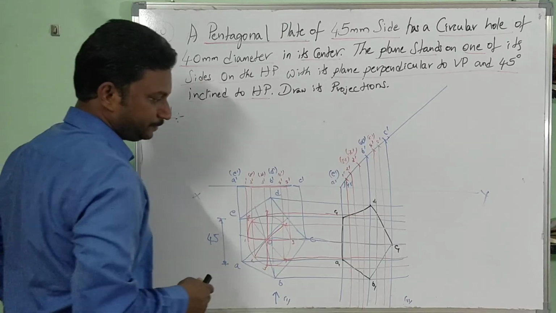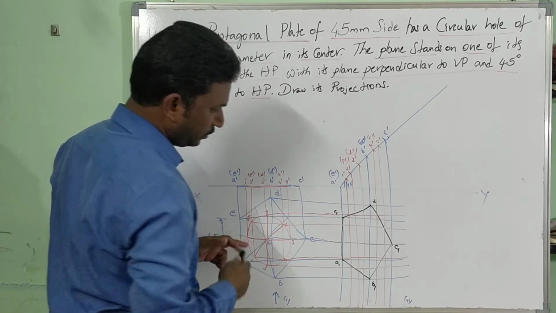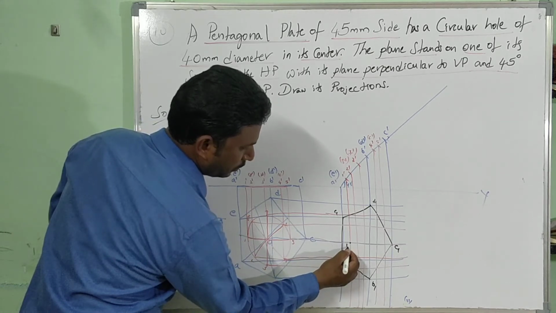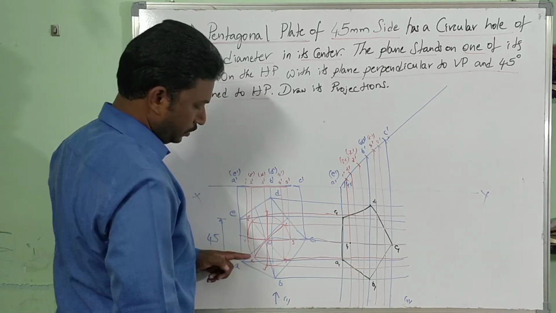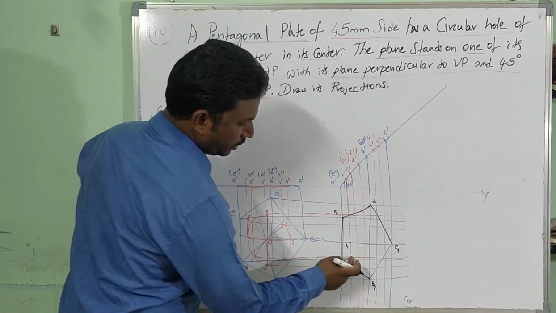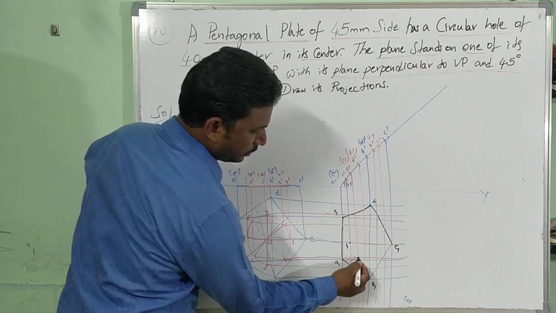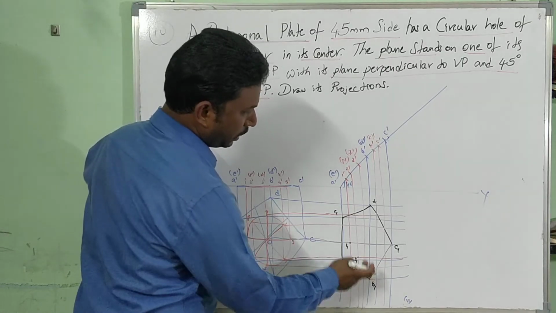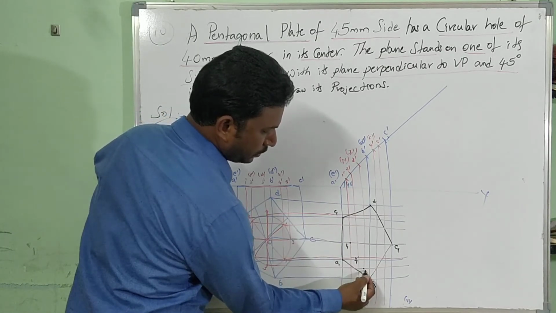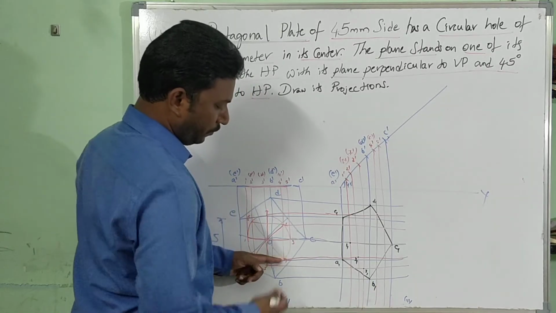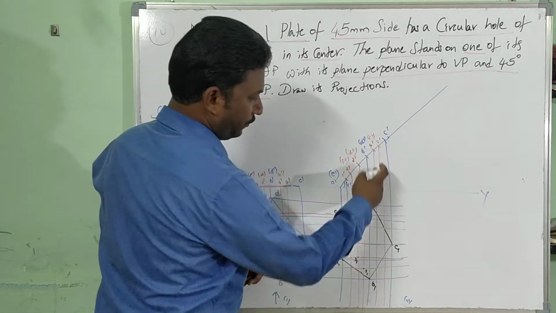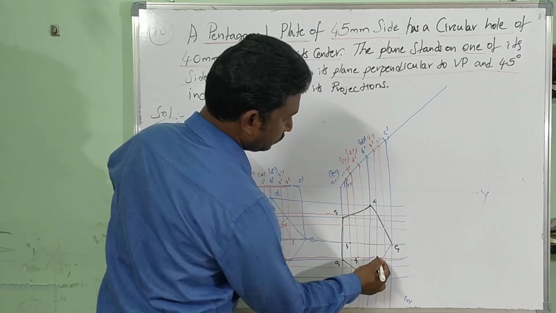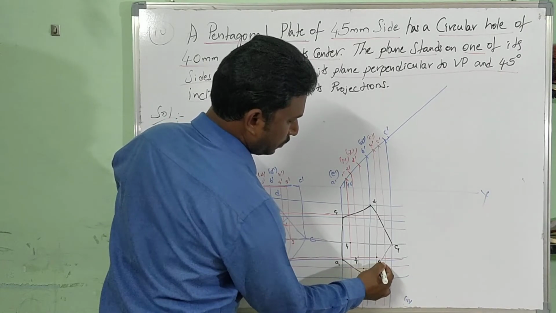Pick the points. See, for 1 and 1 here, 1, 1. 2, second line horizontal, second line vertical, 2, 1. Third line horizontal, third line vertical, 3, 1. Fourth horizontal, fourth vertical, 4, 1.